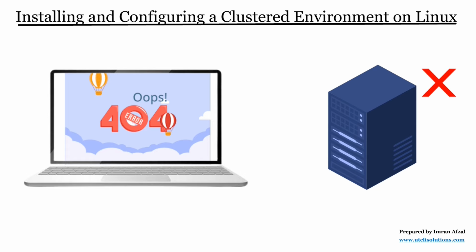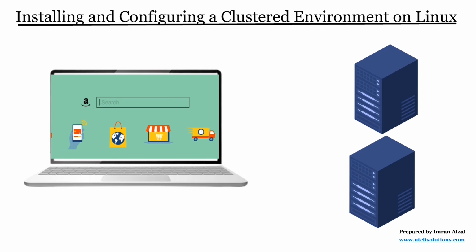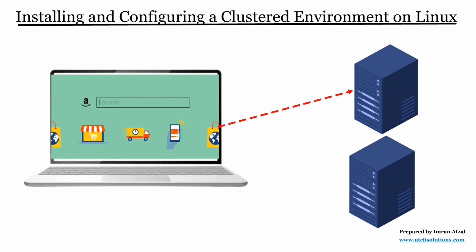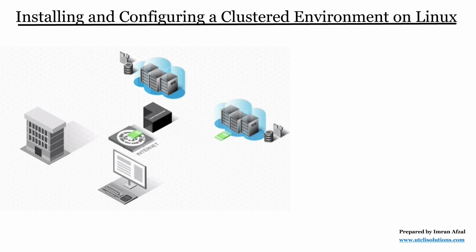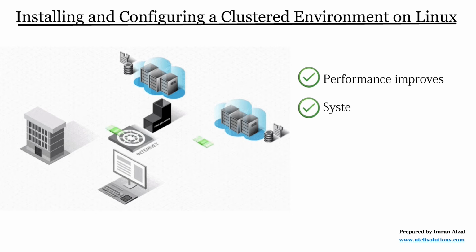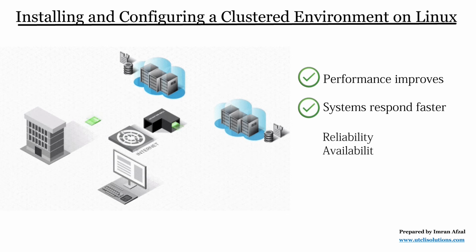But if the site runs in a clustered environment with two servers, when one fails, the other continues serving customers without interruption. Clusters are also useful for sharing workload between servers so performance improves and systems respond faster. In simple words, clustering ensures reliability, availability, and better performance for important services.